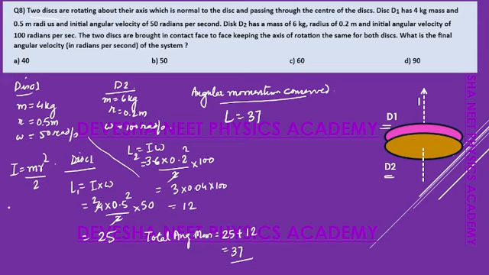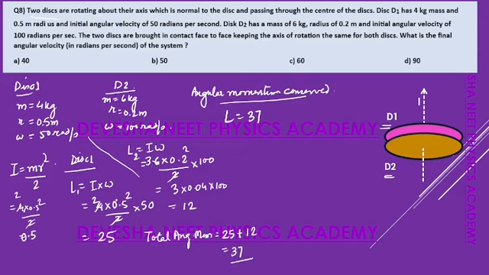Now the total I. For the first disk, I is 4 into 0.5 square by 2, which is 0.5.